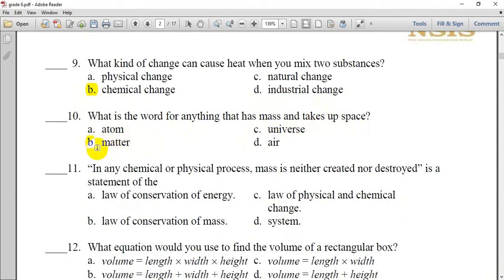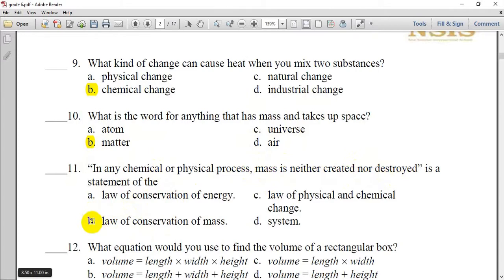B. Question 11. In any chemical or physical process, mass is neither created nor destroyed. So here, this word, instead of energy, it will be mass. Mass is neither created nor destroyed. If you remember, this statement is called, what do you think?